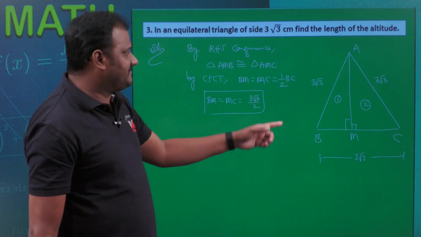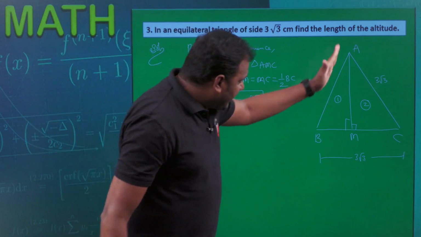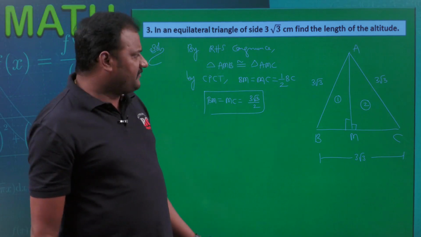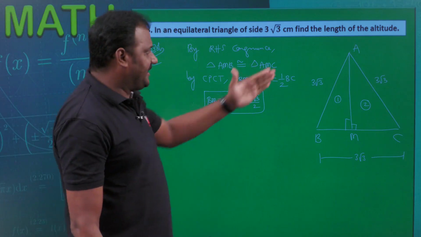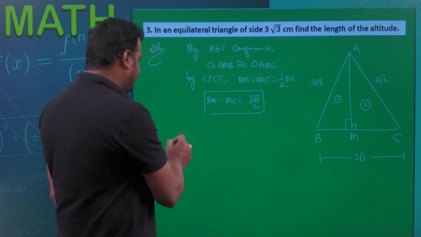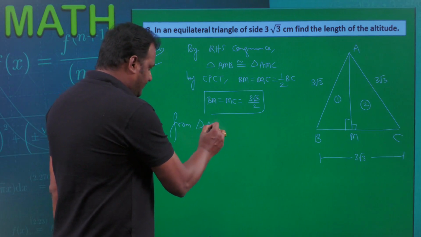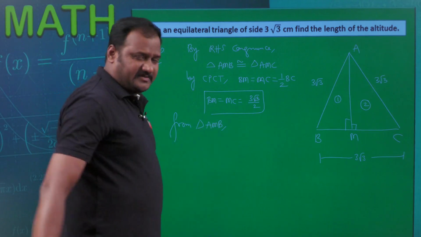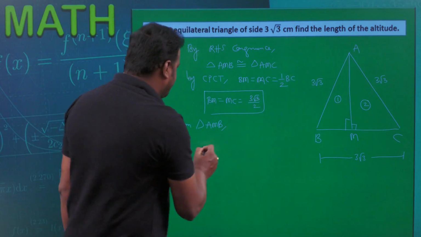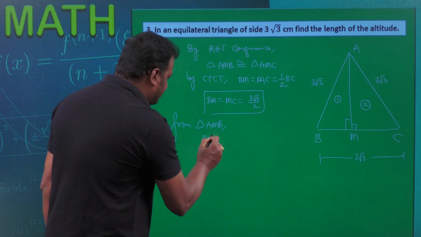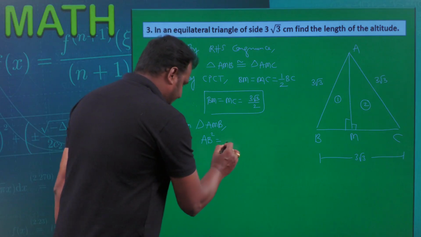After finding BM or MC, we need to find the altitude AM. For that, I can consider one of the right angled triangles. Suppose I am taking triangle AMB. From triangle AMB, hypotenuse square equals side square plus side square, because that is a right angle triangle. Hypotenuse is AB, so AB square is equal to AM square plus BM square.